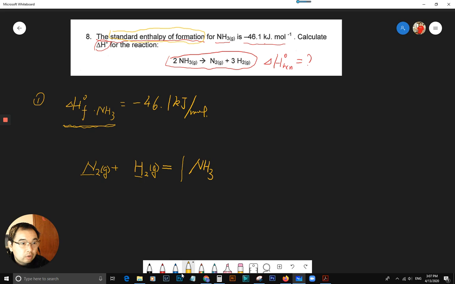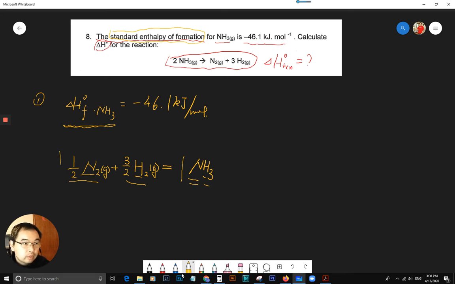Then we need to balance this equation. We have one nitrogen on the right, so we only have one nitrogen on the left. We have 3 hydrogen on the right, so we should have 3/2 in front of the hydrogen gas. Then we check: we have 1 nitrogen and 3 hydrogen on the left and 1 nitrogen and 3 hydrogen on the right.